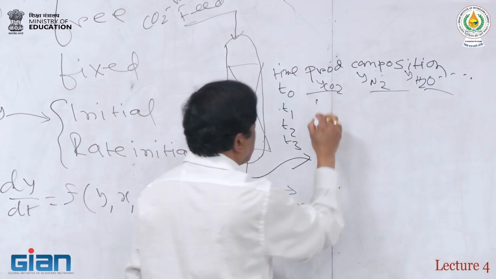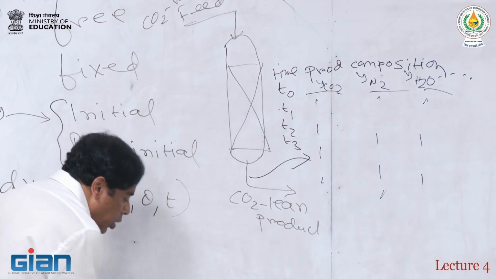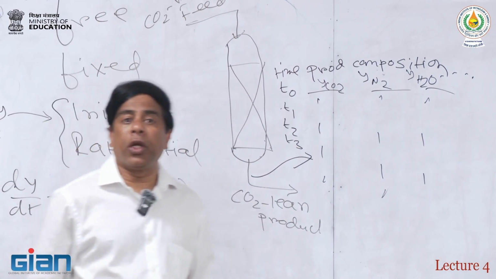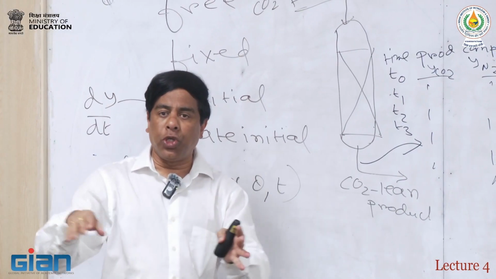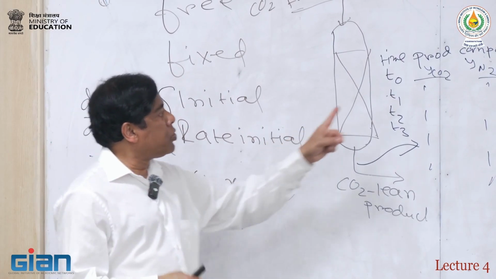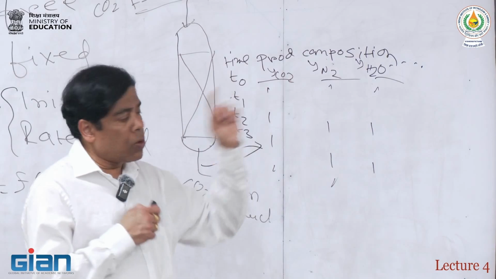So you will get all of this data. This is our observation. Even though the actual process is continuous, our observation is discrete, right? So that is what we'll talk about.